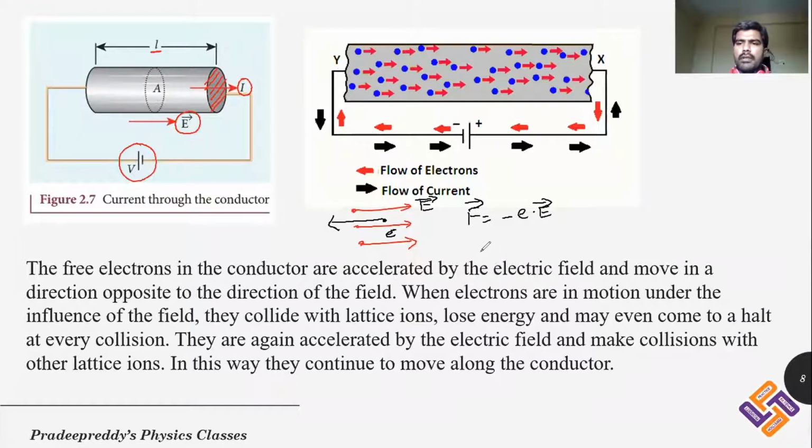So remember, when you place an electron in an external electric field, it will drift in the direction opposite to that of the electric field.